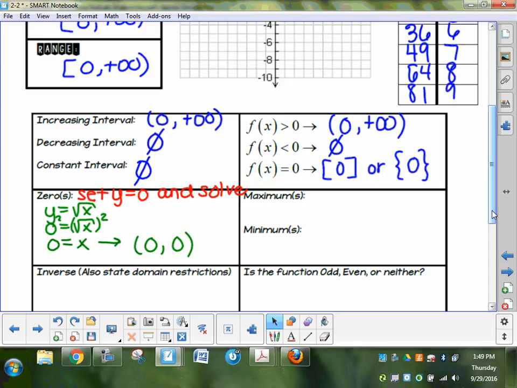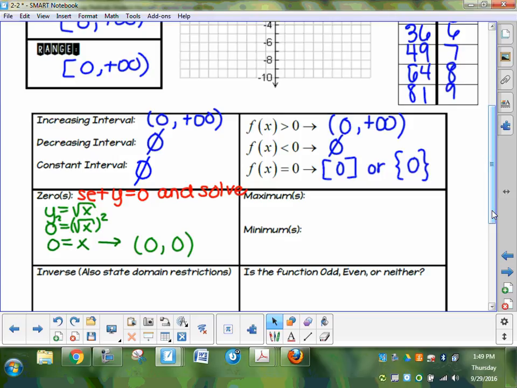How about the maximums of this graph? Think about that. Look at the graph as a whole going out to infinity. What are the maximums of this graph going to be? Positive infinity, you said? You're right and wrong at the same time.